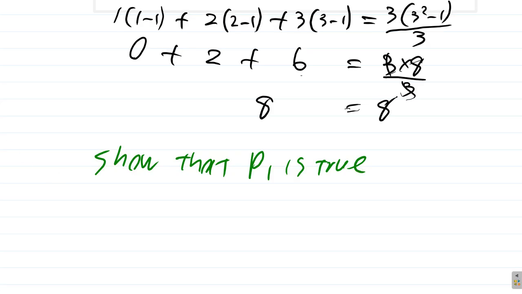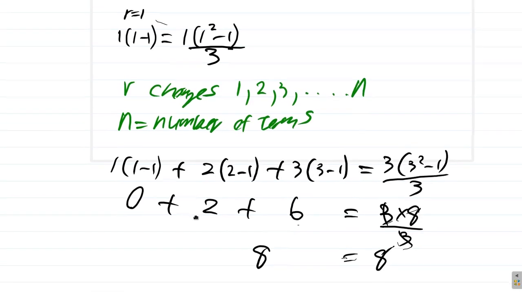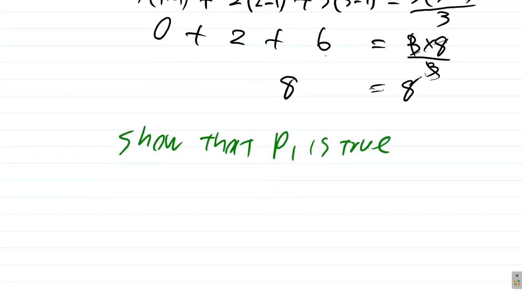To show that, you're going to have n equal 1. But r is also 1 because that's the only value you have. If it was n equal 2, you have r equal 1 and then r equal 2. If n equal 3, it would be r equals 1, then 2, then 3. 3 is where you stop counting.